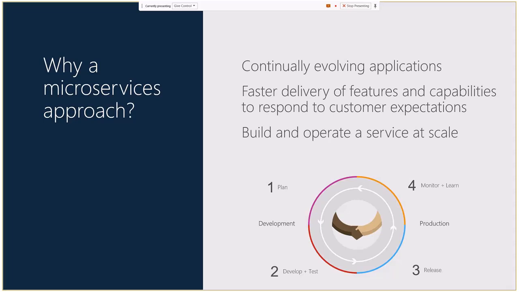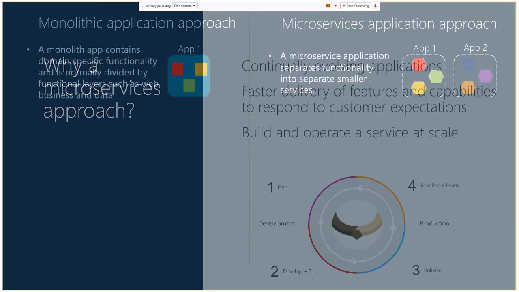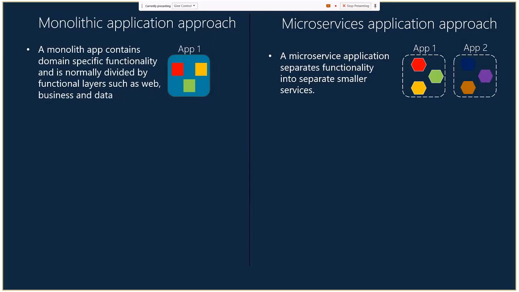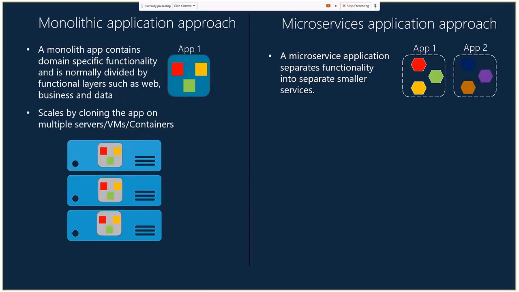This is really important when you don't know what parts of your application need to scale. As we go into the old approach to this, which is called the monolithic application approach, all of your functionality is in a single application.